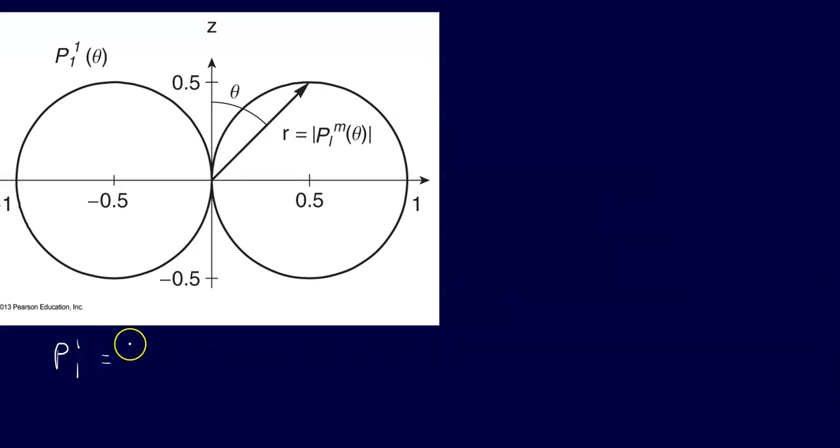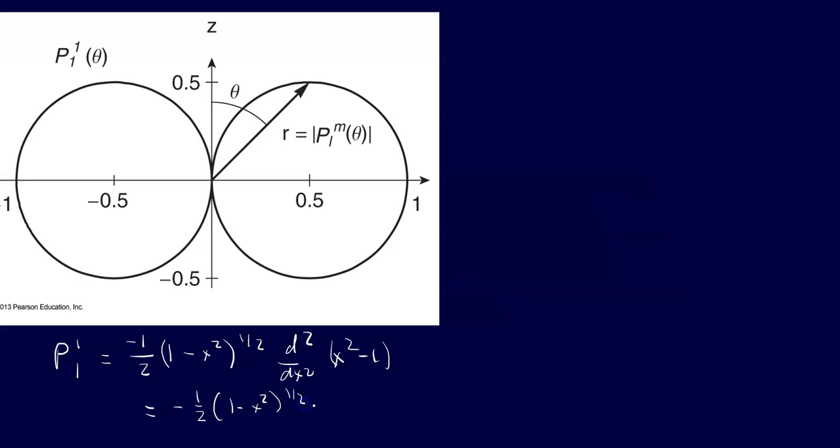If we take our formula that we had, please play along with this and make sure you can follow where I'm getting this. When I plug into our formula for this particular case and clean this up, I get negative 1/2 times 1 minus x squared to the 1/2 power times 2.